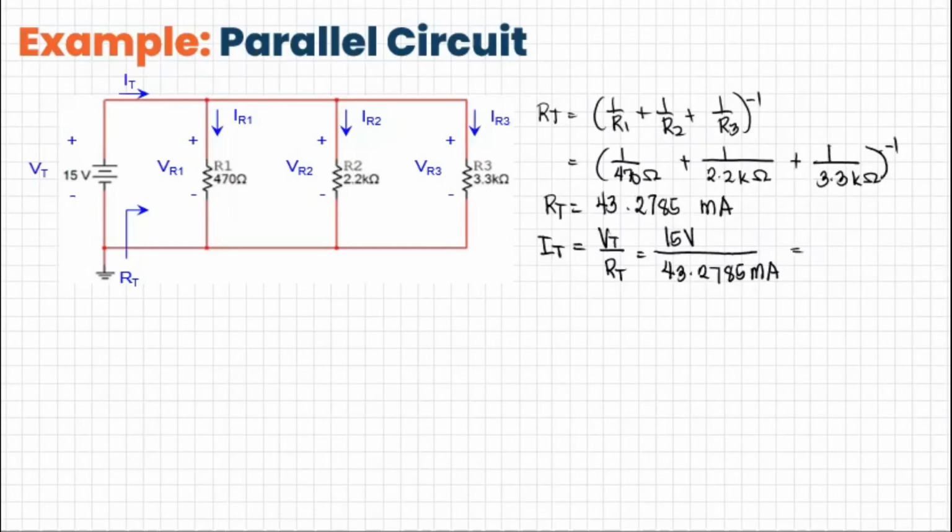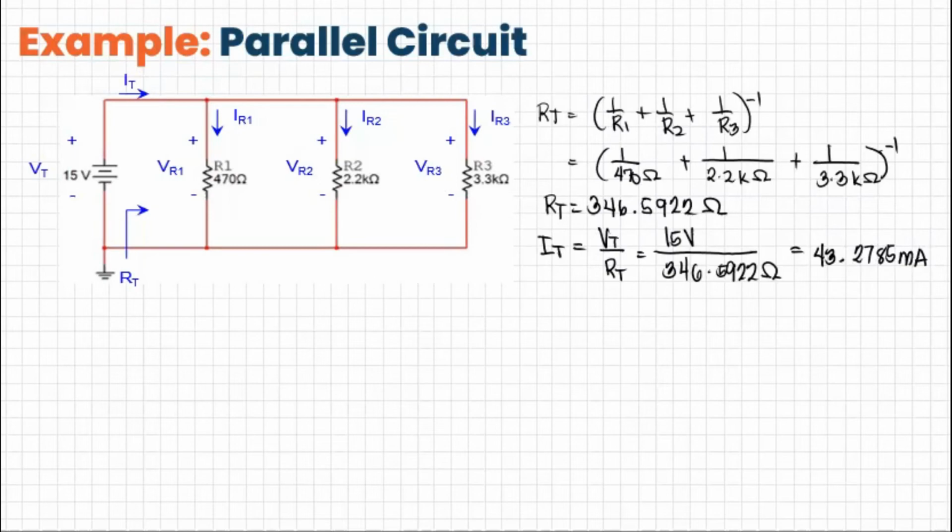IT is equal to 346.5922. So that is the value of the current, 43.2785 milliamps.